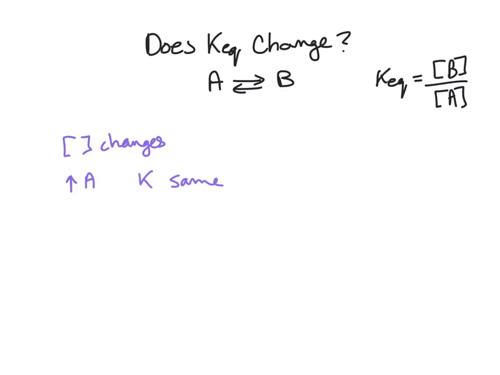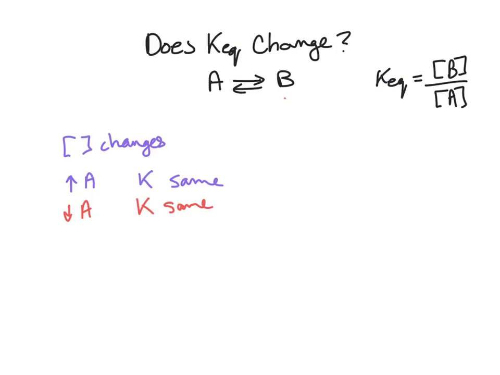What if I decrease A? This number goes down. Which way is it going to shift? It's going to shift to the left to make up more A, and so my B will go down because it's used up to make some A. Both will go down. My K remains the same.